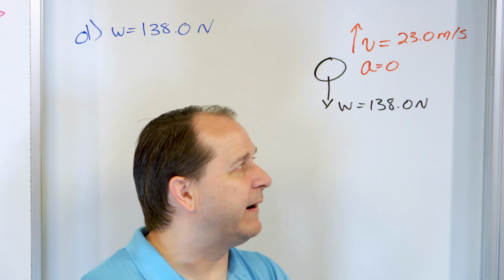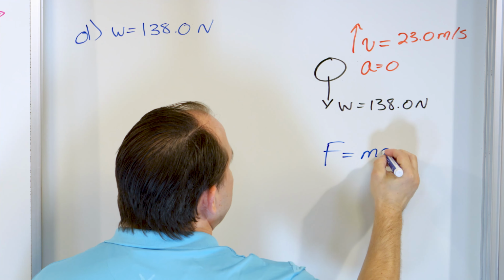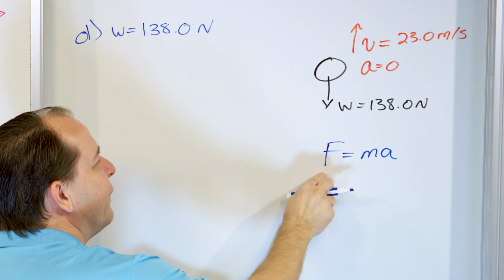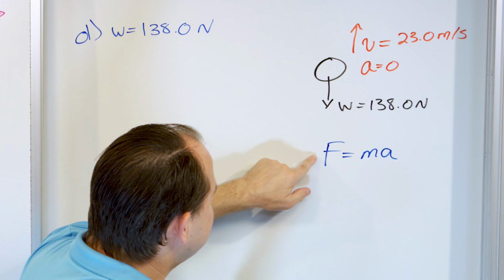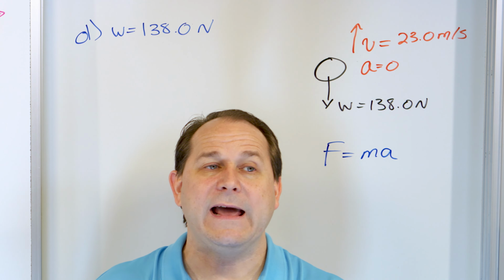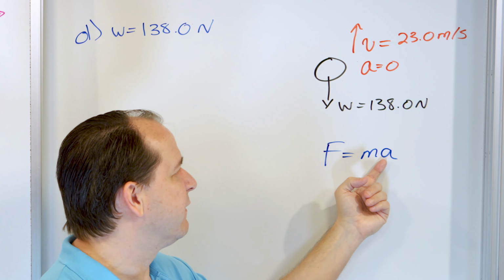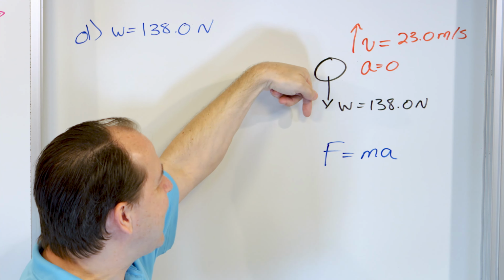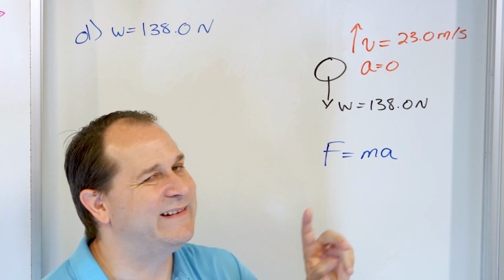So if there's no acceleration, we know from F equals ma that there has to be no force. But we have a force here, a force of gravity. But remember, this force in Newton's law, it's the net force acting on the object. So there has to be a total net force of 0 acting on this thing to make the acceleration 0. So if I have a weight acting down of this much, there must be some upward force balancing this exactly.